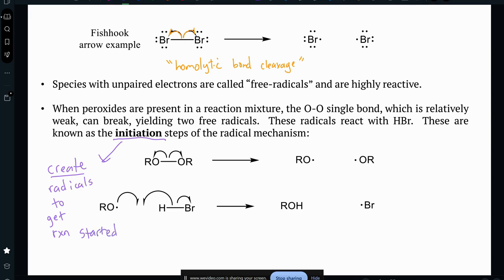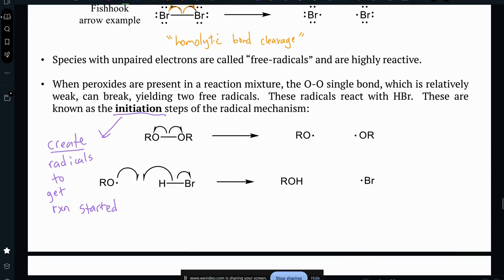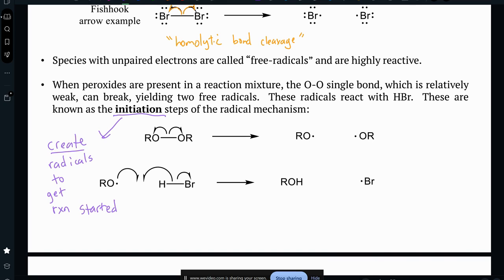So in this case, the initiation step is you have your peroxide, and that OO single bond is relatively weak. So often just light or heat, depending on how warm the mixture is, can cause that homolytic cleavage to create two OR radicals. Those OR radicals are reactive, and one of them can come along and form a bond to the hydrogen from HBr, right?